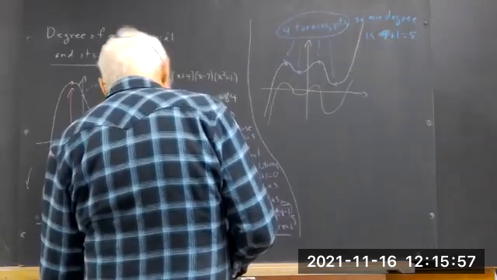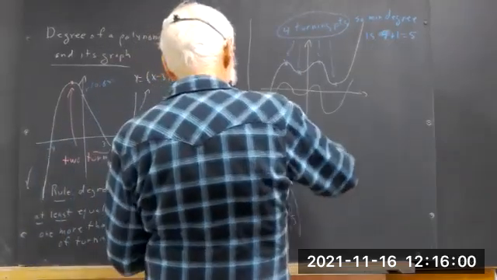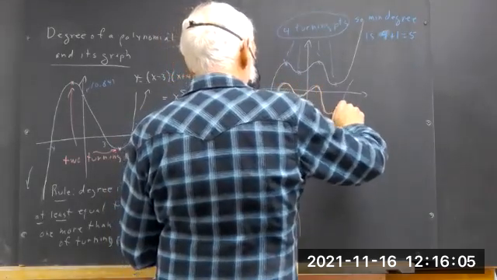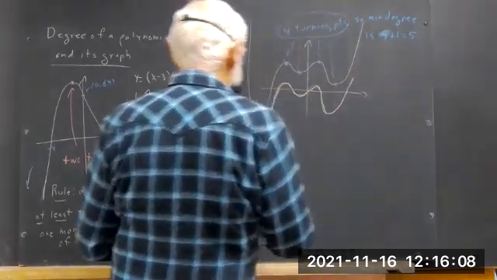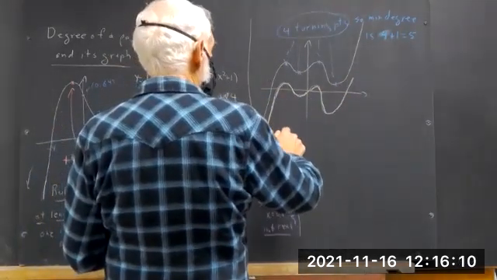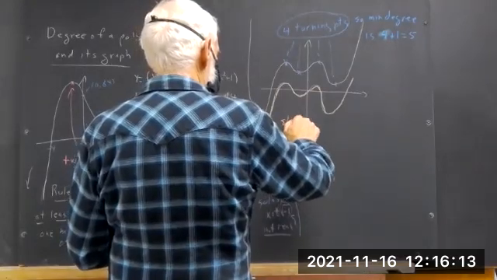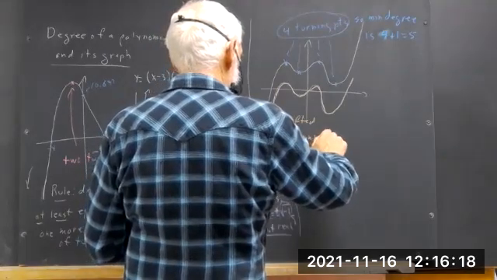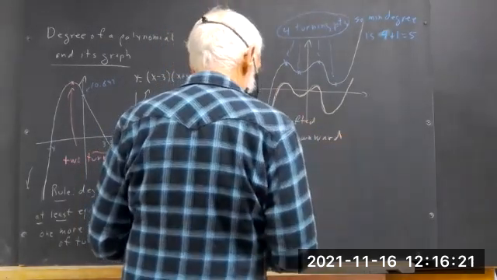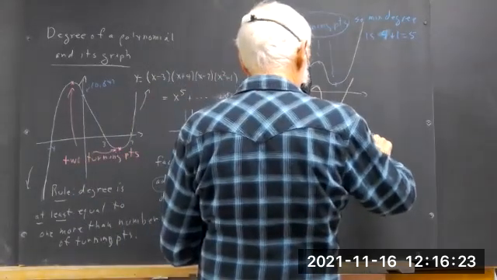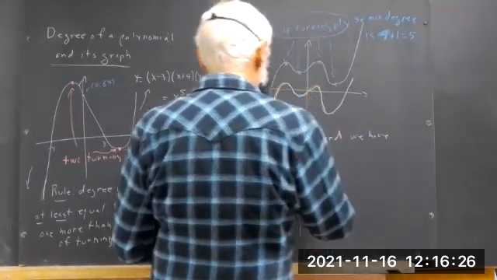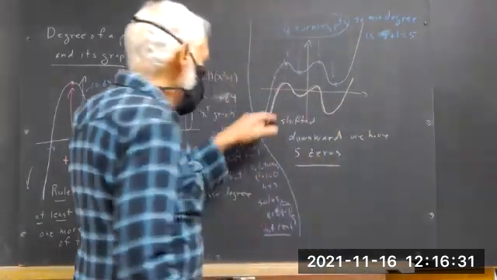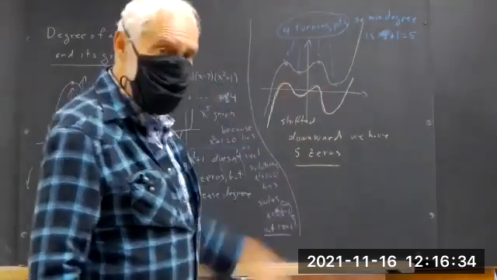Let me use a different color then. It shifted downward. We got 1, 2, 3, 4, 5 zeros, right?